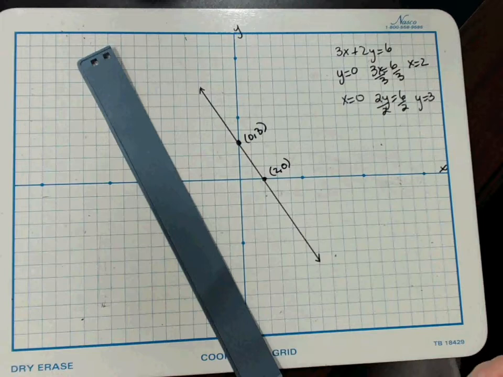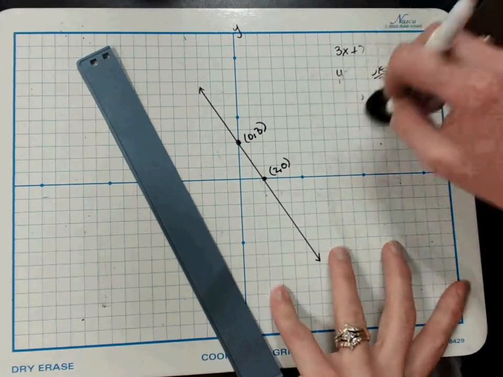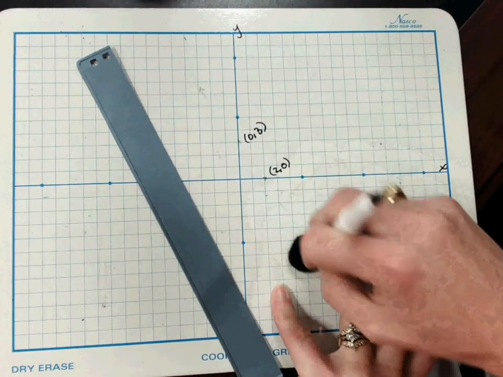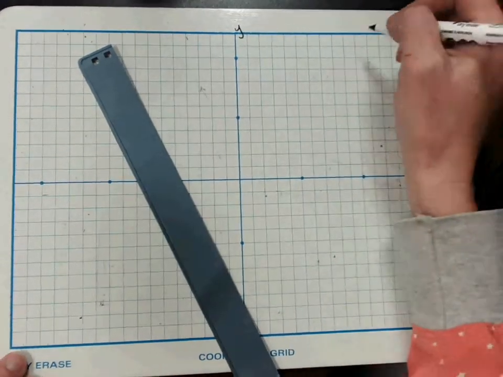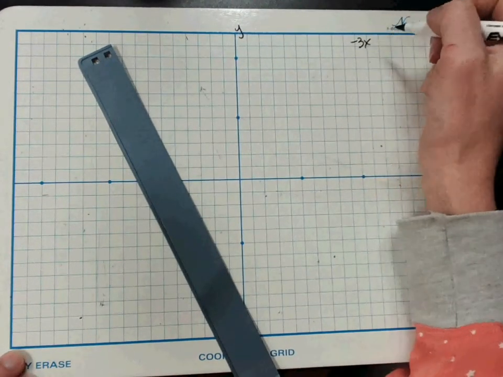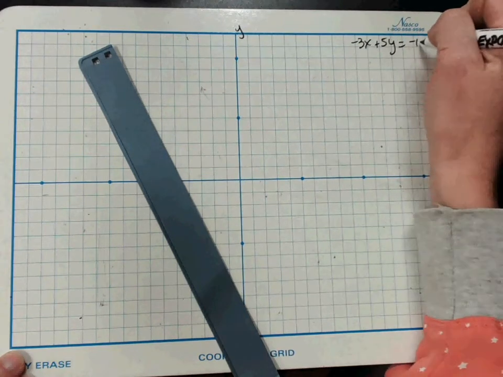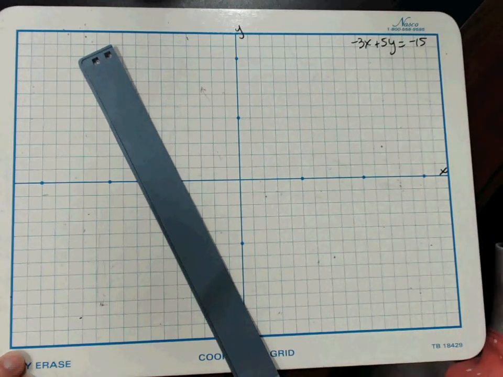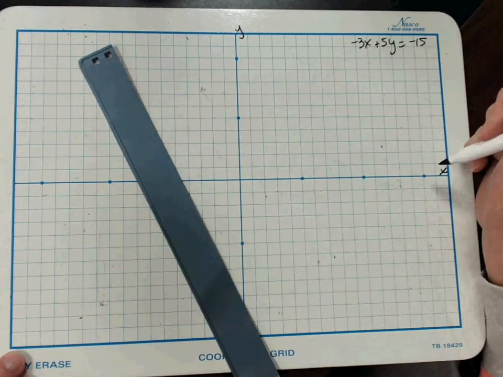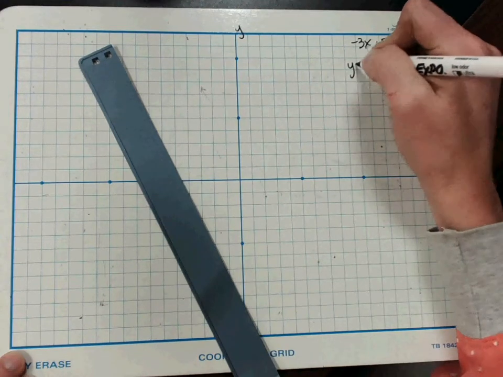So what if I have, erase this, negative 3x plus 5y is equal to negative 15. Okay? So we're going to do the exact same thing. I'm going to find my x-intercept. I'm going to plug 0 in for y.